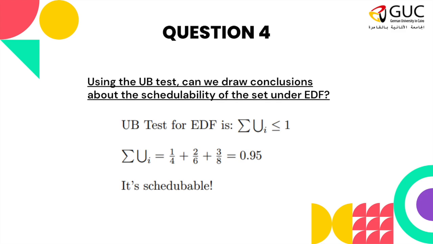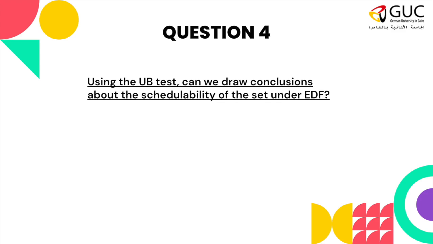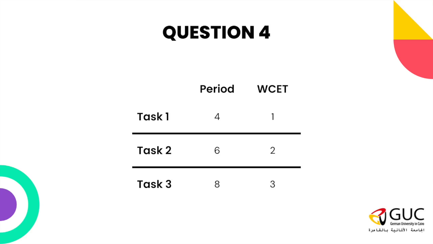So if you want to calculate the utilization of the previous tasks, utilization is the computation time divided by the period. So for task 1, 1 divided by 4 plus 2 divided by 6 plus 3 divided by 8. We calculated the summation of all three utilizations.